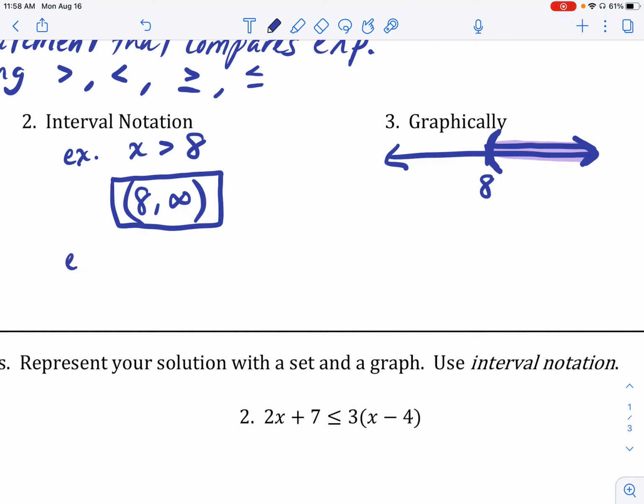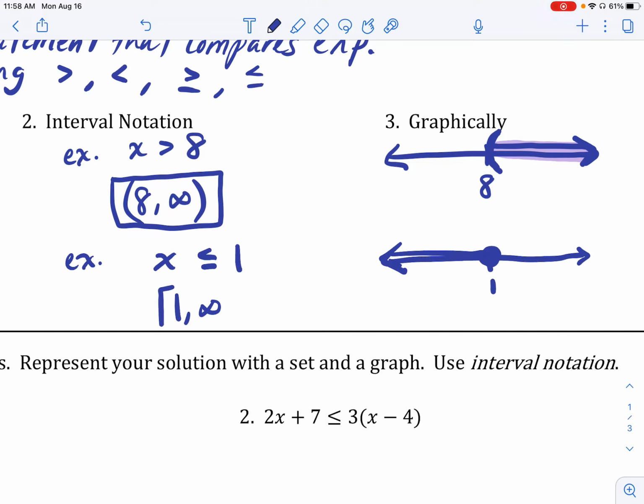What about if I had something like x is less than or equal to, let's just say 1? Something like x is less than or equal to 1. Well, what would that look like? Again, on our number line, we would write 1 and we would say any value that is less than 1. So again, solid circle here, and we're shading in the values that are less than 1. And in interval notation, we'd want to indicate here 1 going to infinity.